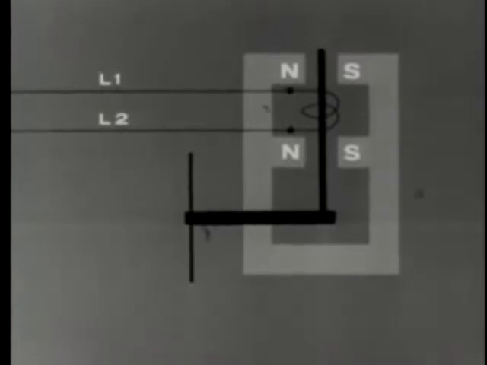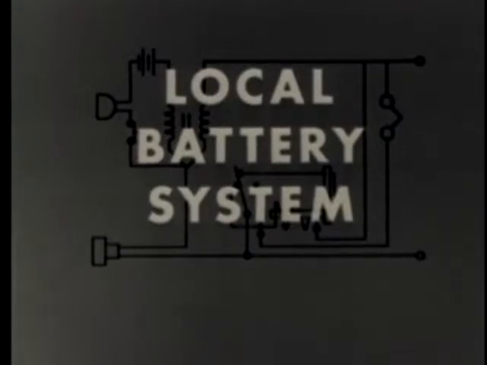If we wish to talk over longer distances, we must use another telephone system, one which draws its power not from the weak energy of sound waves, but from the powerful charge of a battery, the local battery system. Now, instead of using a sound-powered device to generate an alternating current, we will use a carbon transmitter to vary the release of direct current from a battery.